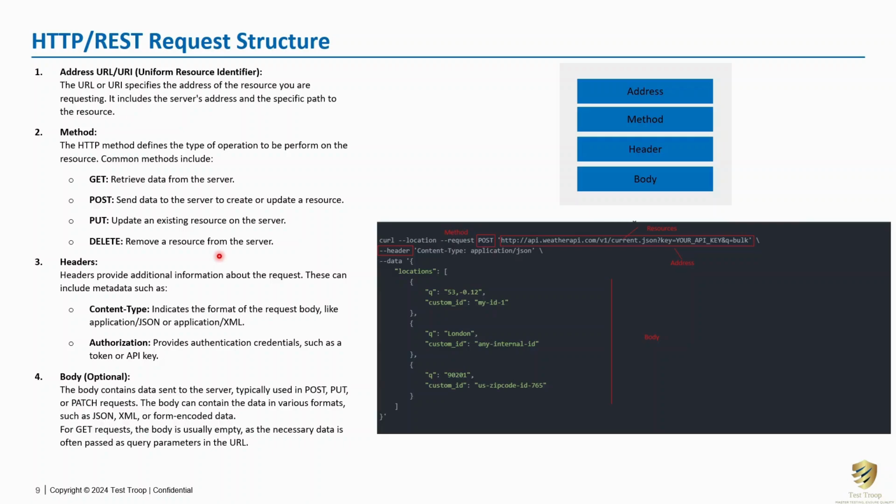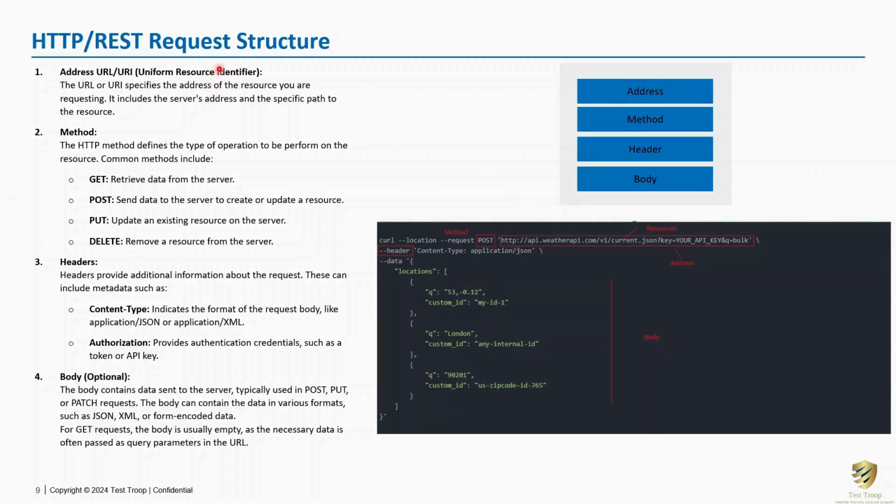Let us try to understand the structure of the request and response. In case of REST, everything is a resource. Each resource is identified by a URL or URI, which stands for Uniform Resource Locator or Uniform Resource Identifier.